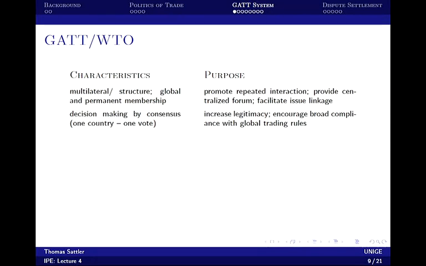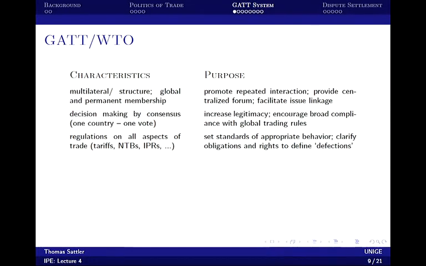This is not the case in the World Trade Organization. On top of that, every country needs to agree to the rules, which means we need a consensus. So de facto, everybody has a veto power. And the idea is that this should induce broad compliance with the trading rules. If we all agree, it's easier to comply than if some other countries impose these rules on us.